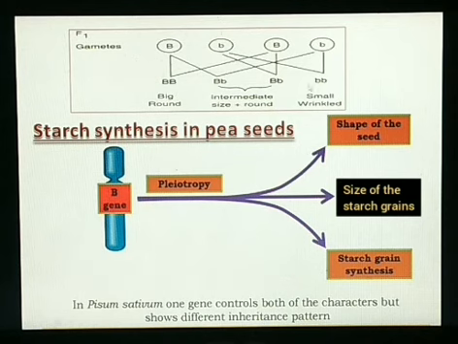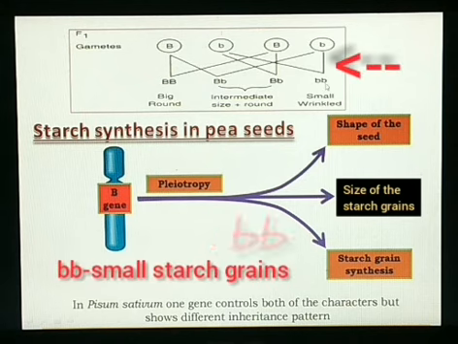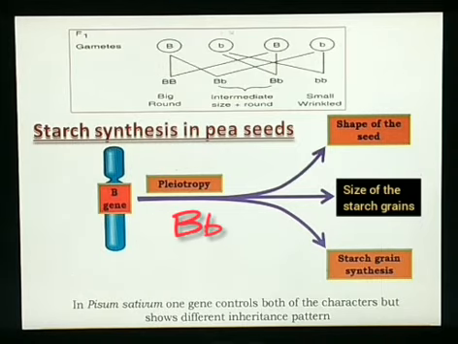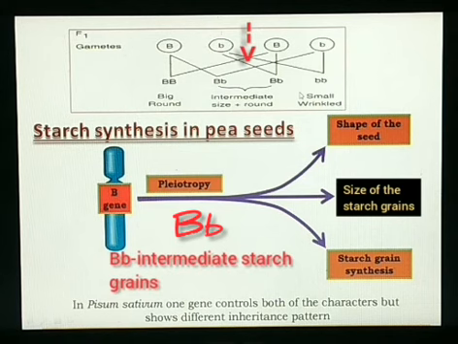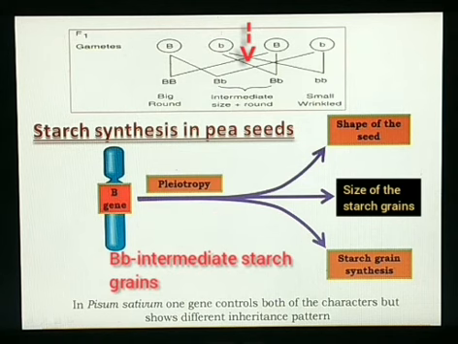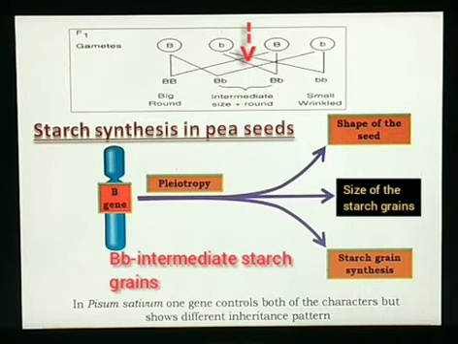Whereas in contrast, small b homozygous will have lesser efficiency in starch synthesis, producing smaller starch grains. But here capital B, small b, which is heterozygous, shows a different phenotype with respect to the synthesis of starch grains.